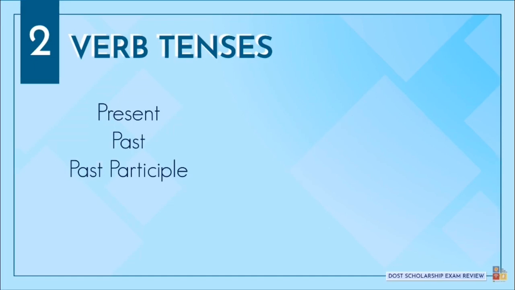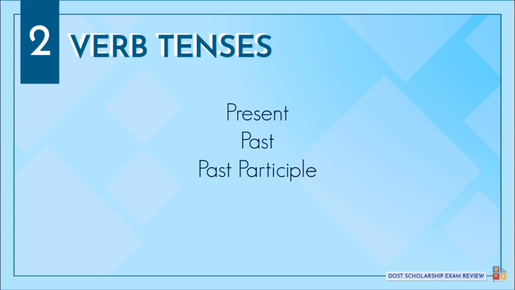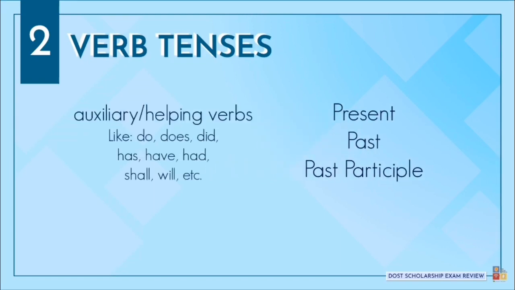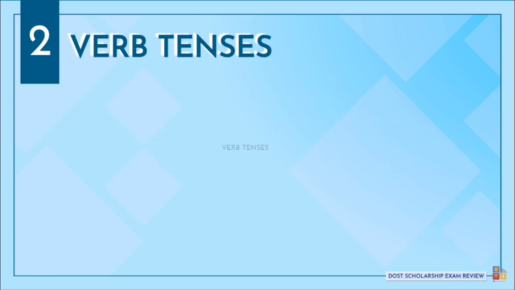These three principal parts, when coupled correctly with auxiliary verbs like do, does, did, has, have, had, shall, will, etc., help form verb tenses.